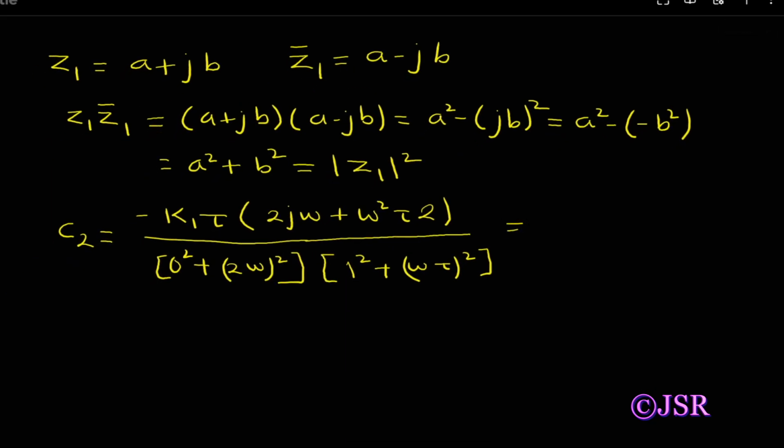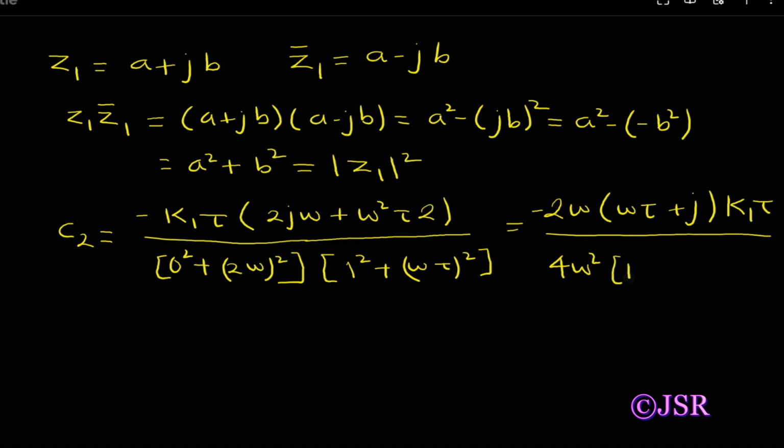Finally we have 2 omega common, with omega tau plus j, k1 tau with negative sign, over 2 to the 4 omega square and 1 plus omega square tau square.